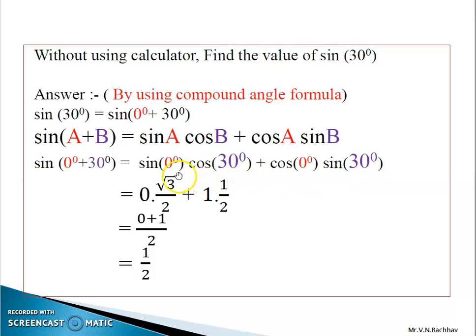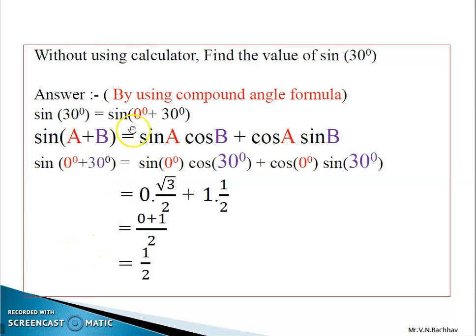We use the previous table. The value of sine 0 is 0, cos 30 is root 3 by 2, cos 0 is 1, and sine 30 is 1 by 2. We simplify this in simplest form: 0 plus 1 divided by 2, that means we get the value of sine 30 is 1 by 2.